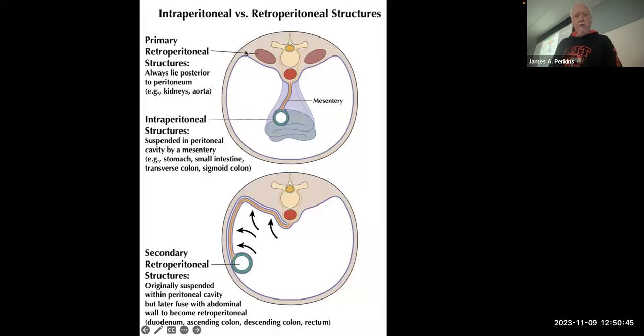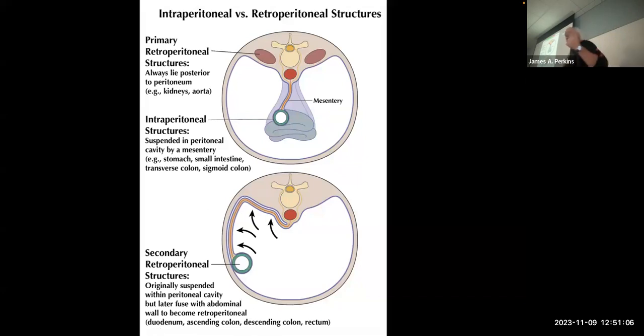There are some structures in the abdomen that we refer to as primary retroperitoneal structures. The word retroperitoneal means behind the peritoneum. So in a sense, really it means behind or posterior to the peritoneal cavities. And the word primary means that essentially they've been this way all along.